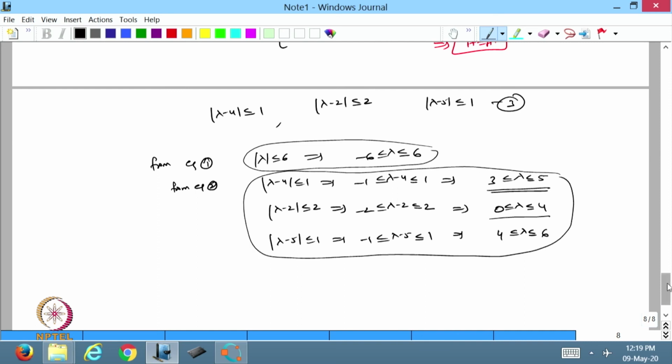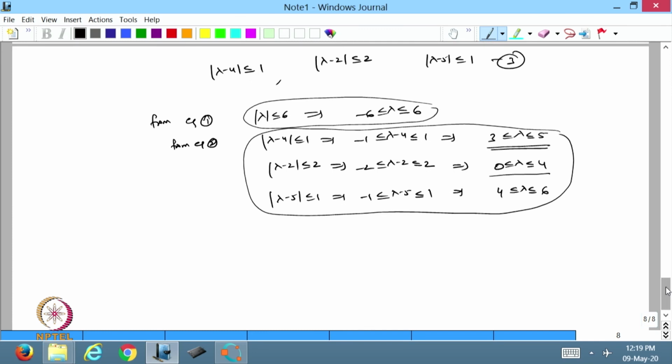So, if I want to find the minimum bound, or I can say the strictest bound, I will take the intersection. The intersection gives me that lambda is moving from minus 6 to 6 in one case, but it is moving from 3 to 5, 0 to 4, and 4 to 6 in the others.